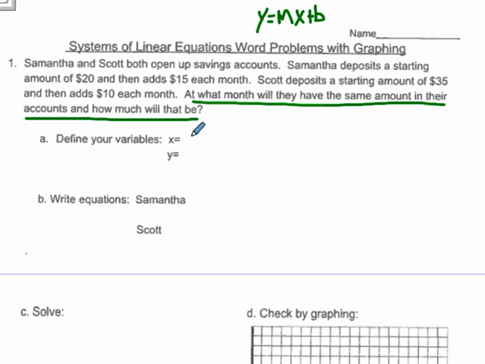So x is going to be the month, how many months they'll have been saving for. And y, well, remember from when we were learning about y equals mx plus b, that's always the total, right? Because that's the answer to our problem. So this is going to be the total amount they'll have in their account.